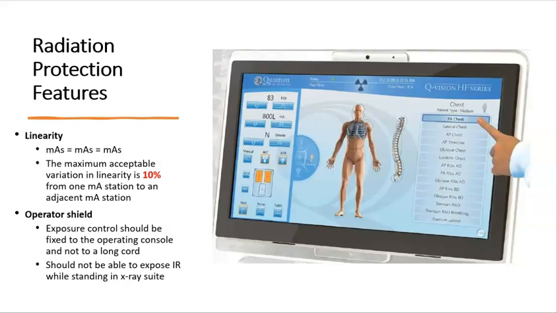Operator shield, so the exposure control should be fixed to the operating console and not be a long cord. So you are not allowed to take the exposure switch and go in the X-ray room and make an exposure holding the patient. So that exposure control must be fixed to the console so that you can't be in the room exposing while holding a patient or getting exposed to any type of radiation, okay?